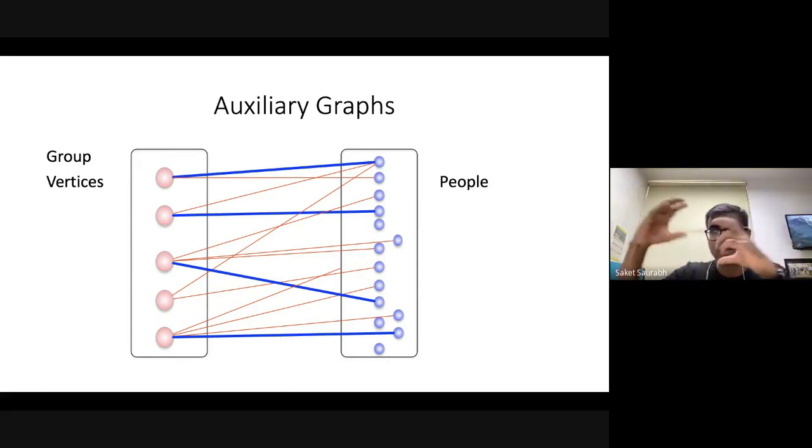Based on that, the kind of matching you're looking for changes, and the question you would like to solve also changes. They are some sort of generalization of matching. So these are some simple, basic, prototypical problems, and based on your need, people study different kinds of questions.